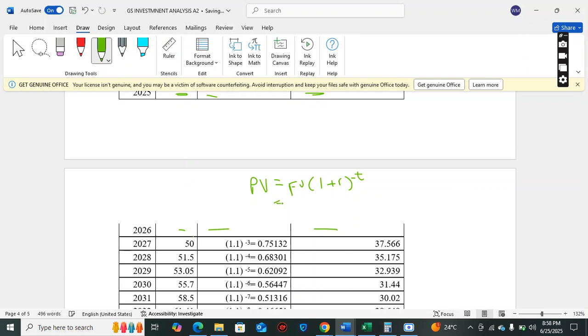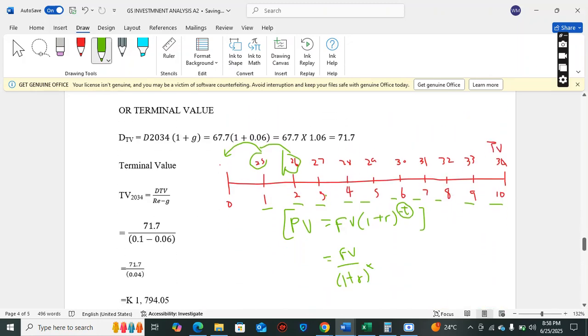So in this case, for 2027, future value is 50. Our discount rate is the required rate of return. Okay, colleagues? This r, which represents the discount rate, is the required rate of return, which was 10%, to the power negative 3, because 2027 is 3 years from 2024. That's what I was saying, to the power negative 3.